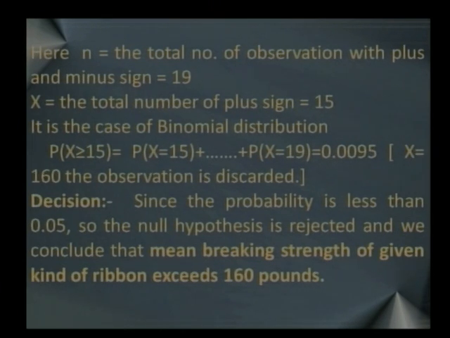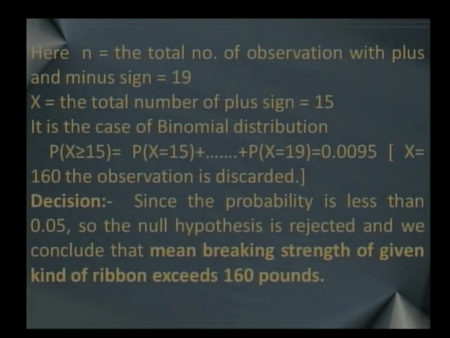Here the sample is small, therefore we apply the binomial test. The probability of x greater than or equal to 15 is the probability of x equal to 15 plus up to the probability of x equal to 19.